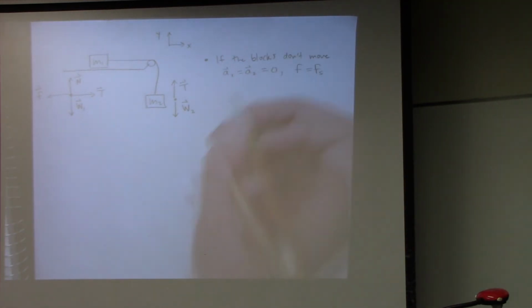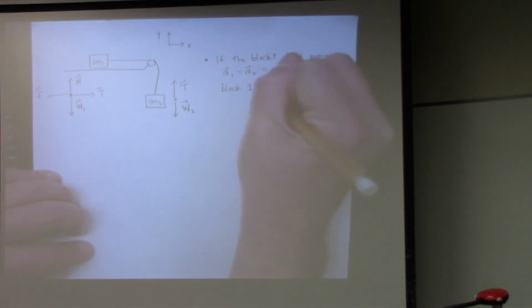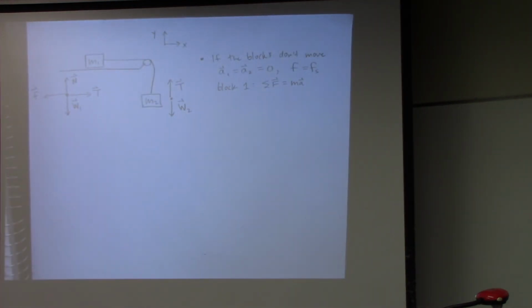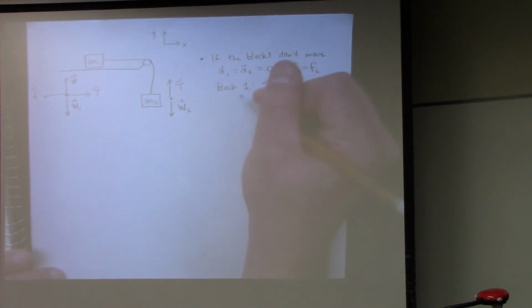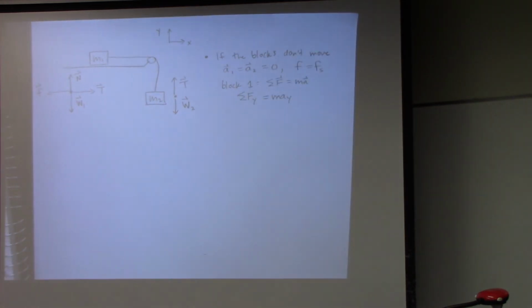Okay, so what we're going to do is take block 1 and apply F equals ma. And for block 1, we want to break this down into components, x and y. So let's say the y component to start off. The net force in the y direction is equal to m times ay. Let's apply that to block 1.